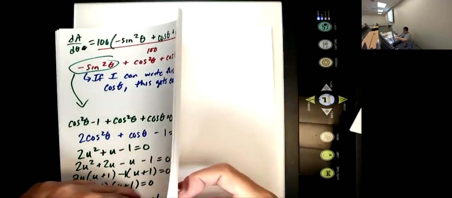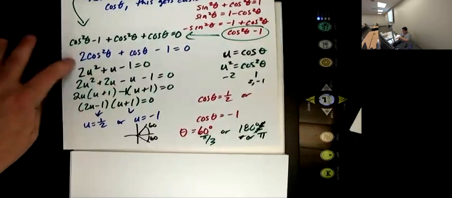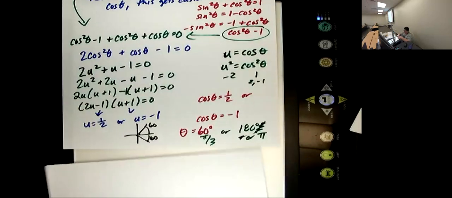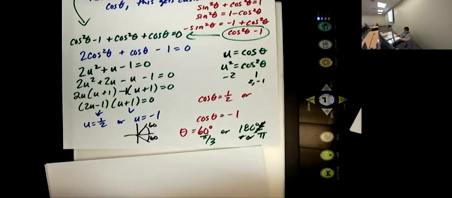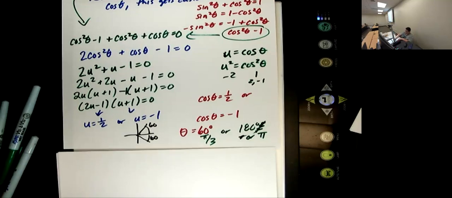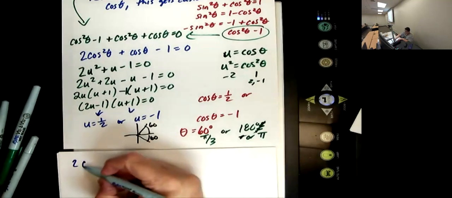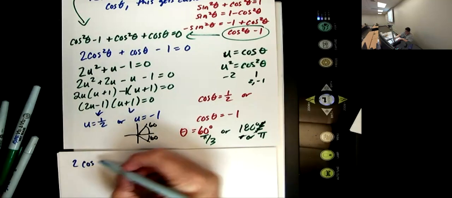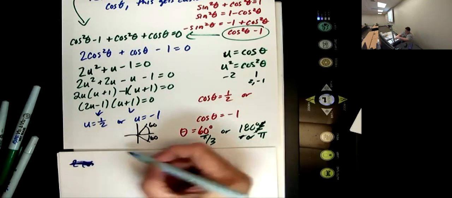Come on, give me a blank page. There we go. I'm going to switch to that one. That was our last, the shortest one. Actually, I can treat this in its factored form.